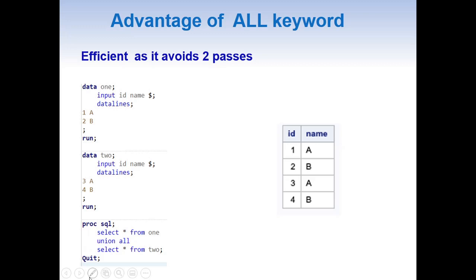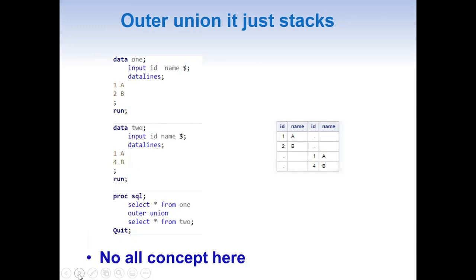Now let's look into something entirely different, that is outer union. Outer union, as I have explained before, is super different from what we have seen, and it is a SAS implementation. You don't find this kind of thing in other databases or other SQL implementations. Here, let's try to understand outer union.